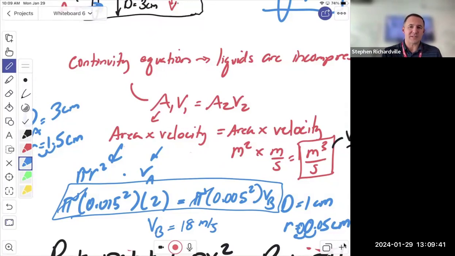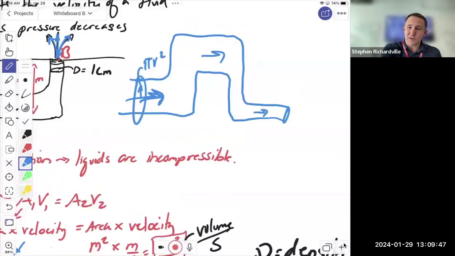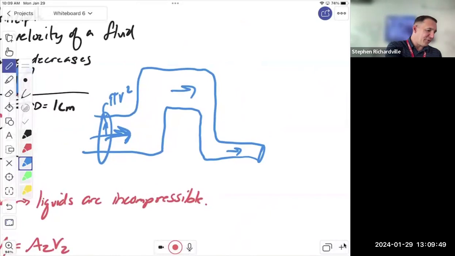means the area is only 1/9, so the velocity is 9 times greater. So I find the velocity at point B is 9 times greater, and I can use the continuity equation to find the velocity. So on a free response question on the test, if you knew the velocity, say at this point, and if you know the diameters at different points, you can find the velocity at point B or velocity at point C simply using A1 V1 equals A2 V2.